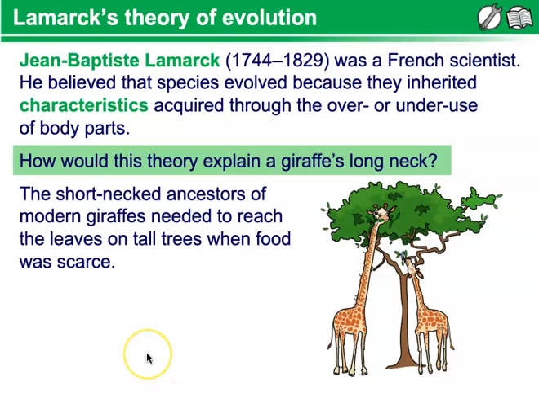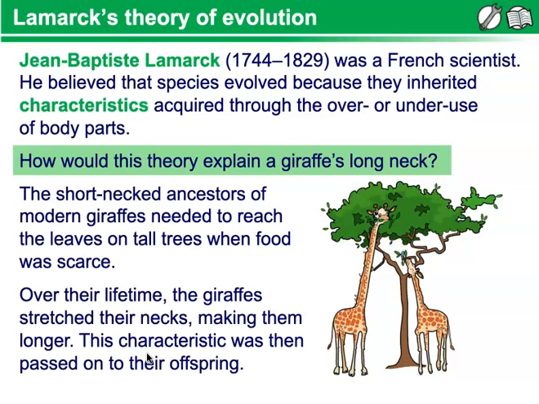The short-necked ancestors of modern giraffes needed to reach the leaves on tall trees when food was scarce. And so over time, the giraffes stretched their necks, making them longer. This characteristic was then passed on to their offspring.